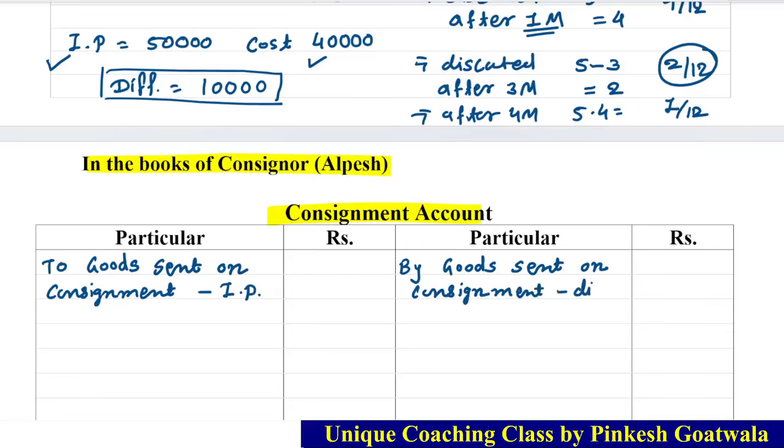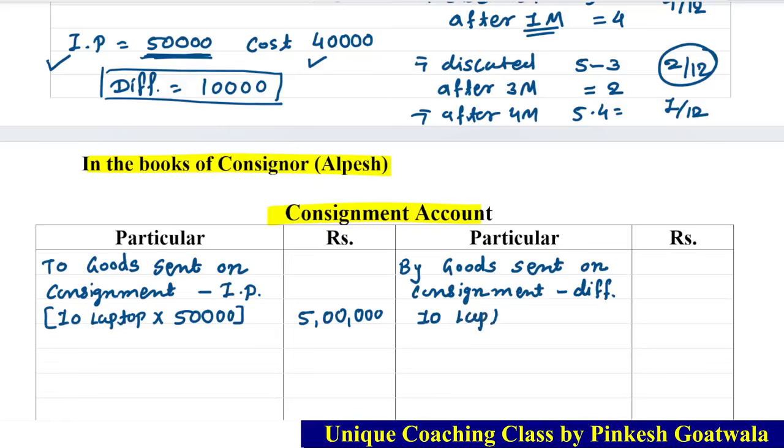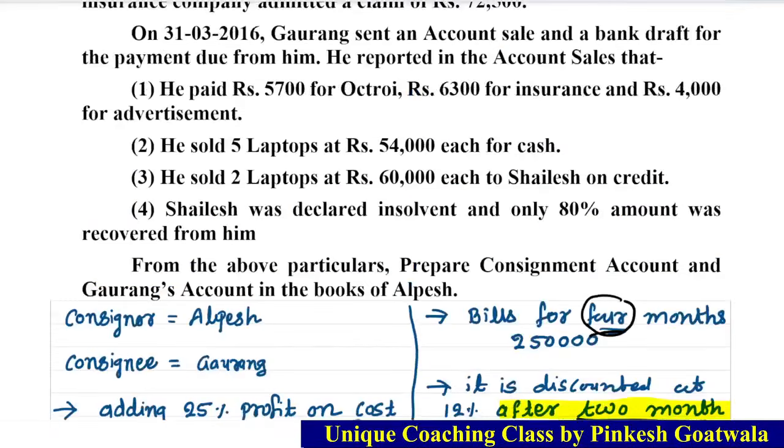We have to write its difference. Here the 10 laptops. Laptop 10 into its invoice price is 50. So 50 into 10, 5 lakh. And on this side we have to write its difference. 10 laptops, difference is 10,000. So 10 into 10,000, 1 lakh. So remember this effect. Here invoice price on the debit side and the difference on the credit side.